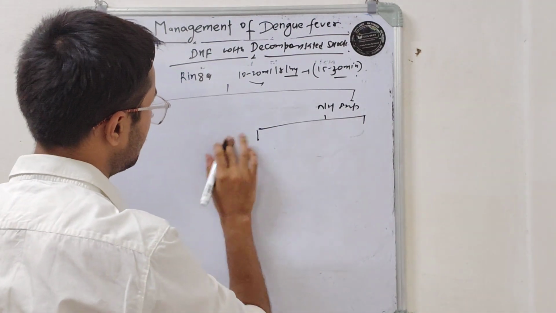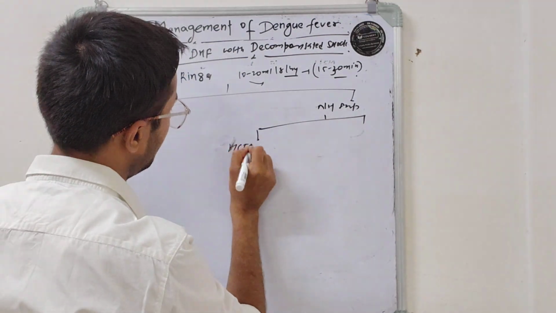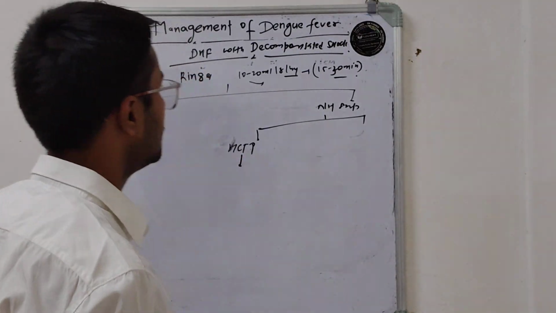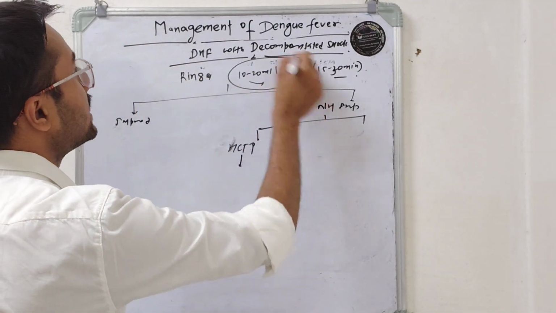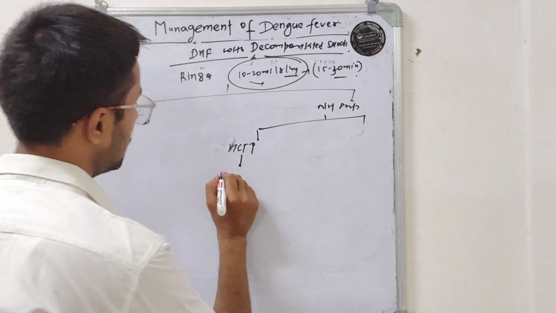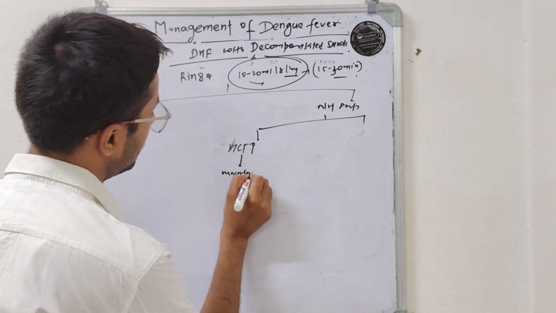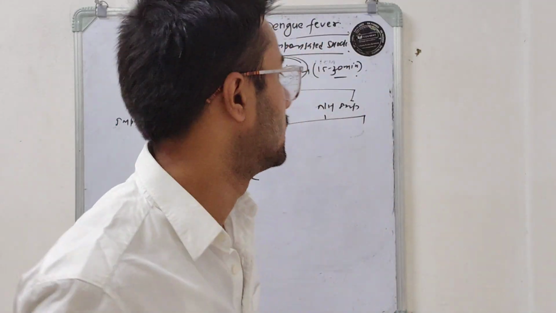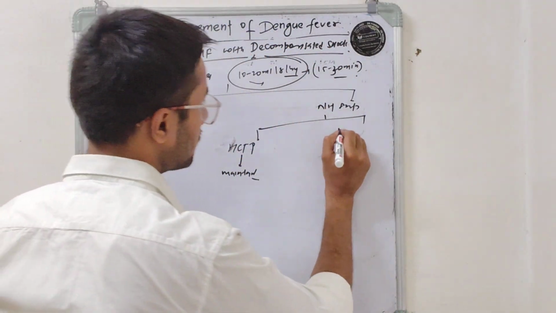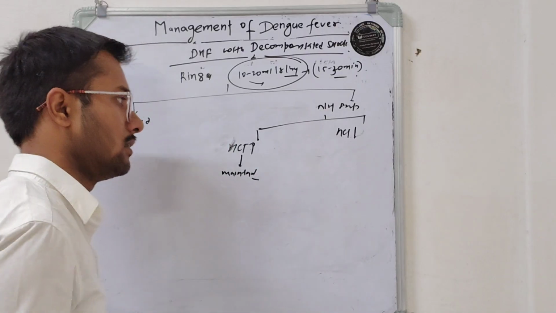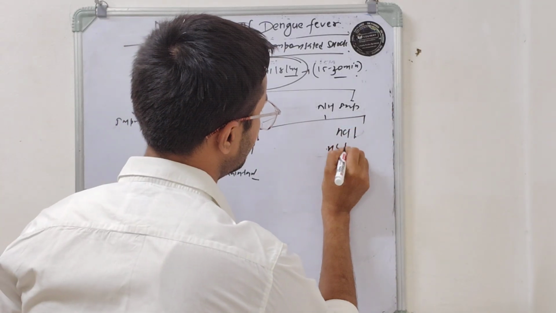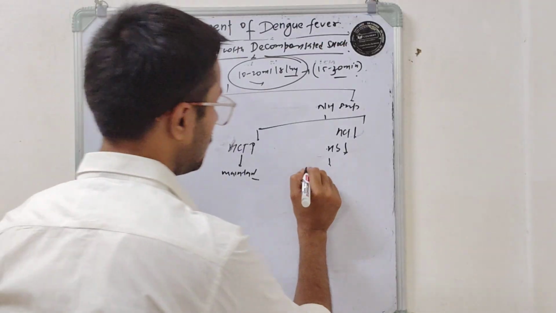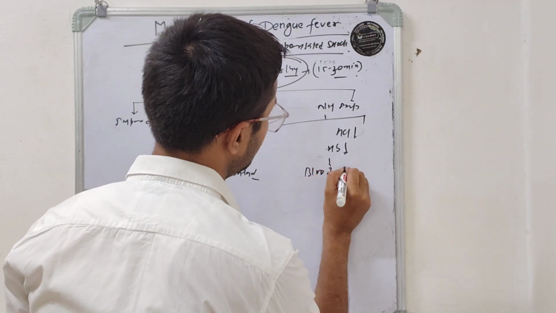One, the hematocrit level is still elevated, and if so, we maintain the IV infusion until the patient's hematocrit level falls. The other is that the hematocrit level falls, but along with it the hemoglobin level also falls. In that condition, we go for blood transfusion.